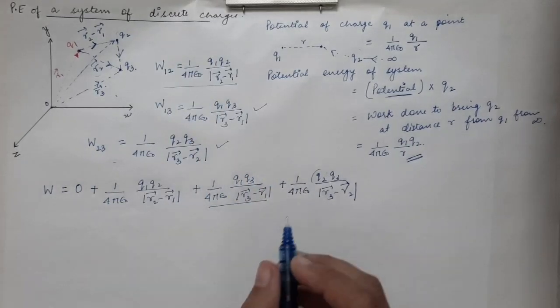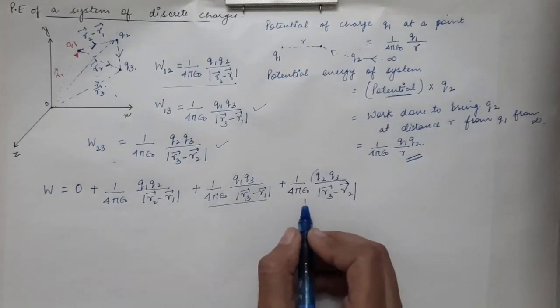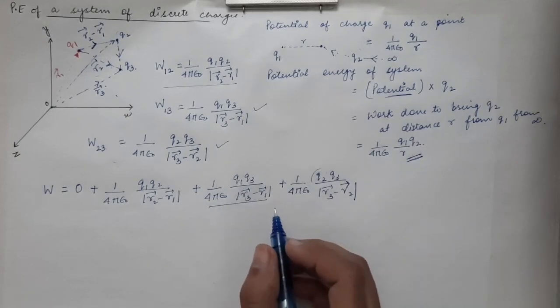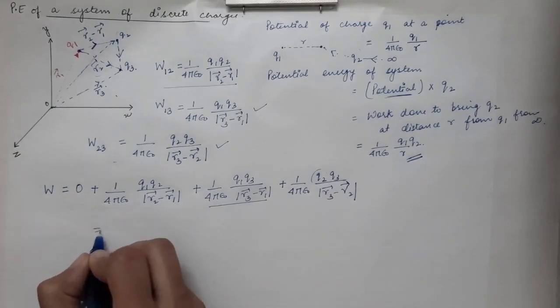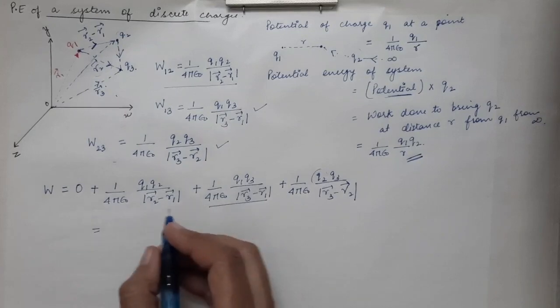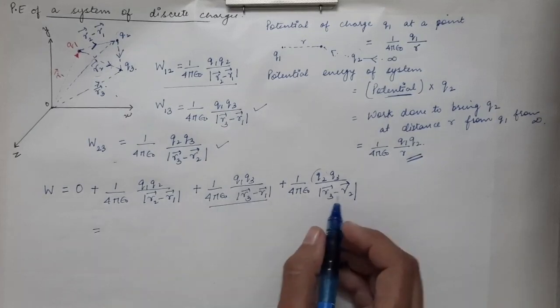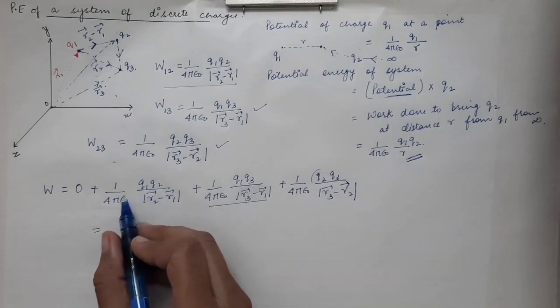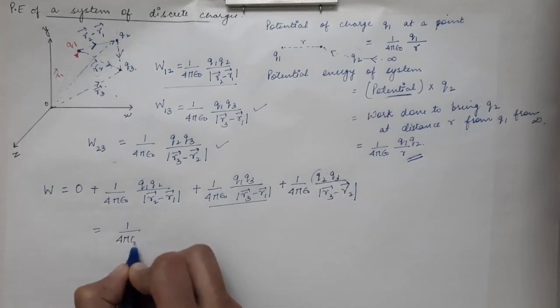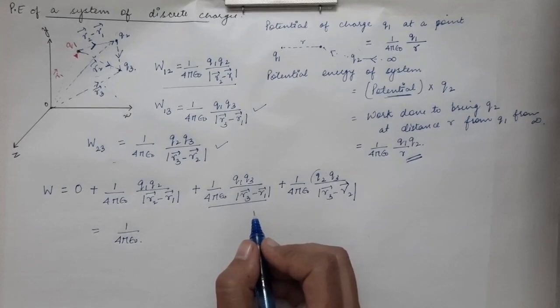For 3 charges, the formula of the work done or the formula of the potential energy stored is given by this expression. So this can be clubbed. This is the total amount of work done in placing 3 charges. In all these terms, you can clearly see 1 by 4 pi epsilon naught is constant.